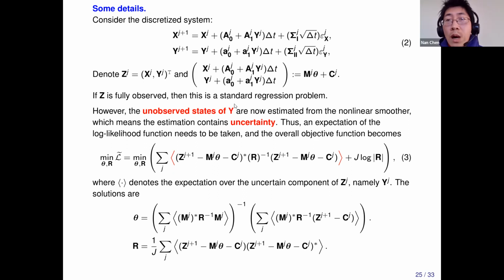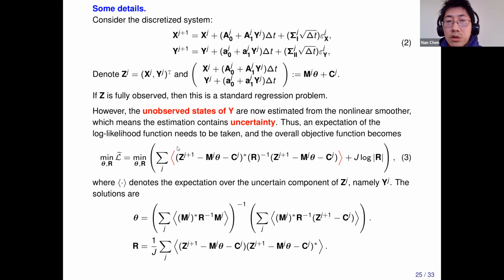Your recovered y will not be just a deterministic value. It will be a distribution. So this recovery will contain uncertainties. Although with y being unknown you can do regression, this regression is still slightly different from classical regression, because now the regression will include an expectation here to account for this uncertainty.